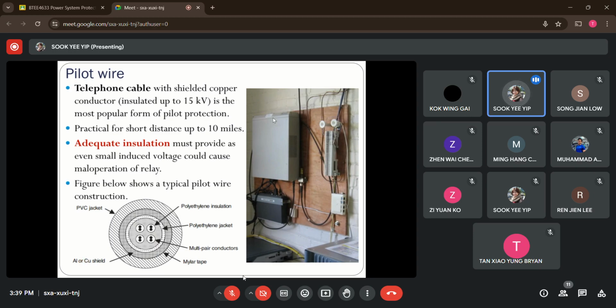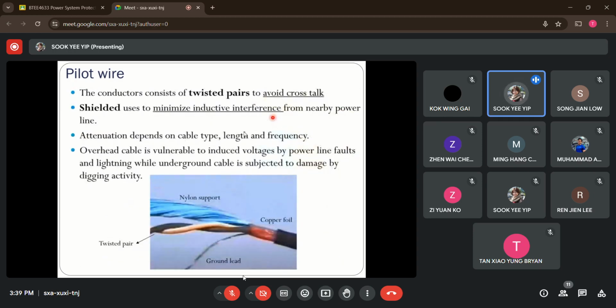Now let's see more details in the next slide. As you have seen from the cross-section view of the pilot wire, the center always consists of two conductors twisted like this. The reason it is twisted is that we want to avoid crosstalk.